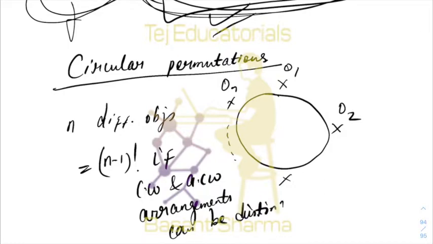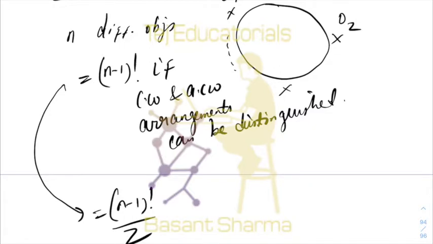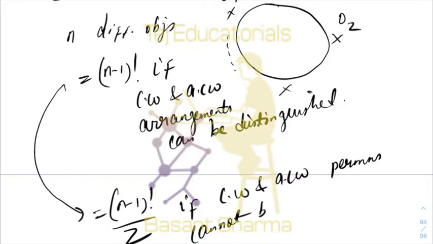We will derive this in a moment. And it is equal to (n minus 1) factorial upon 2 if clockwise and anti-clockwise permutations cannot be distinguished.